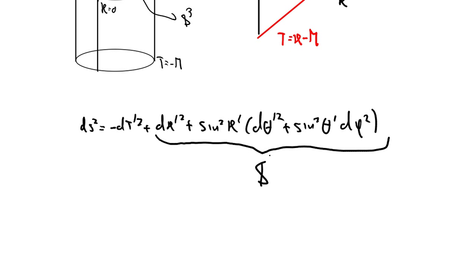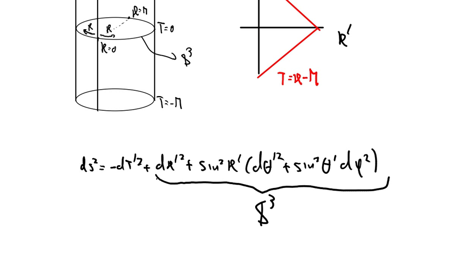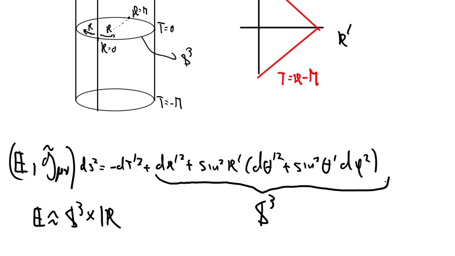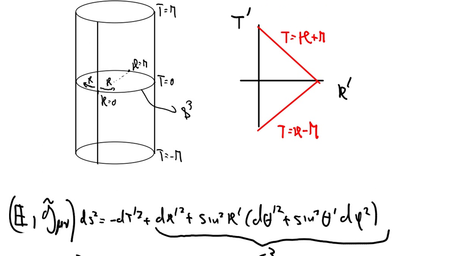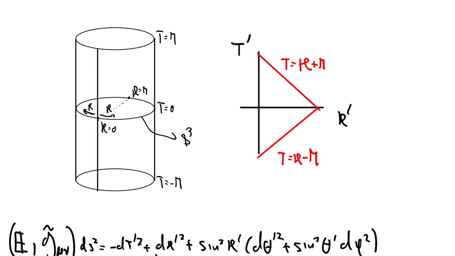You remember that this is the round metric of S3, and so just by looking at this metric, we see that the topology of the Einstein static universe is S3 cross R. So this is a very brief revision of the Einstein static universe, and that's the reason for the representation as a cylinder. We have here the S3 times R.